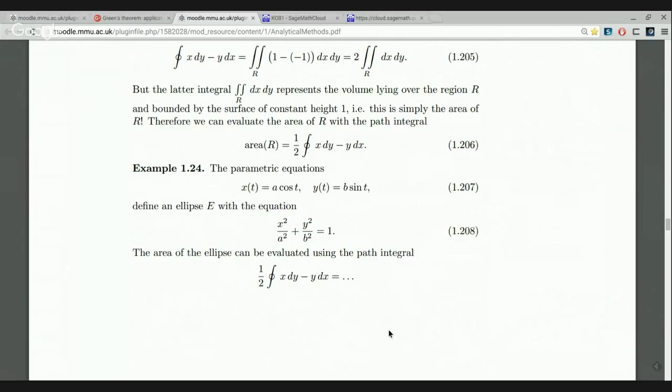A and b are fixed constants. They determine the size of the ellipse in the two directions. And we want to get the area of the ellipse. So we can do this by performing this path integral.